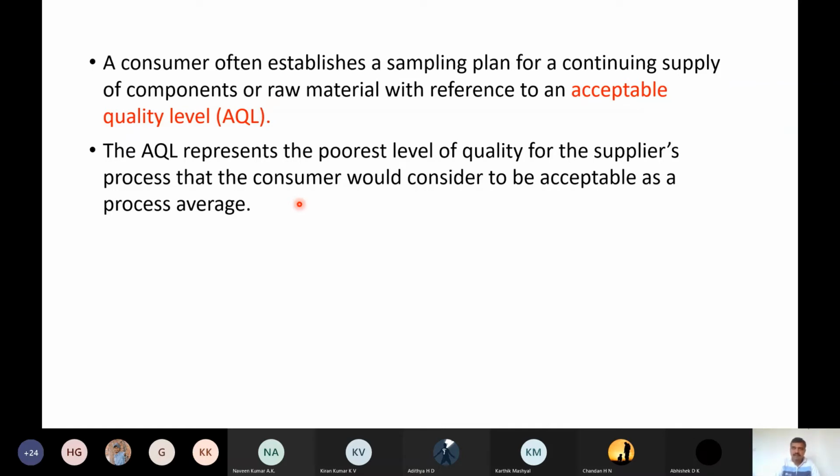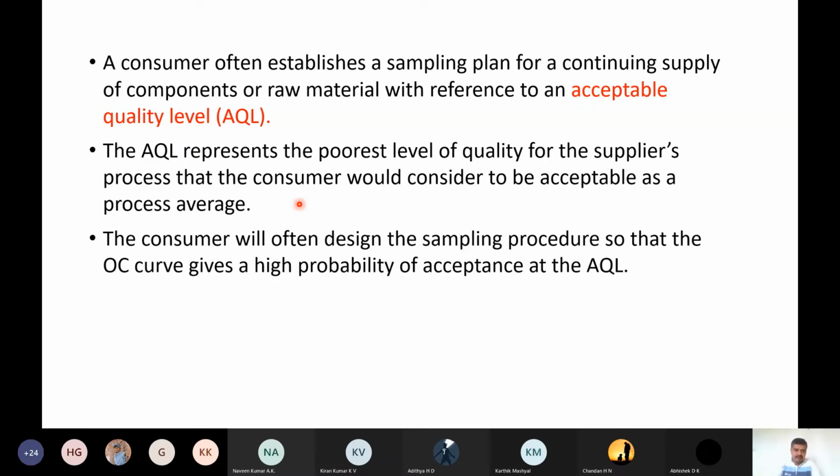That means if it is 5 out of 1000, then it might be 0.005 as the fraction lot defective. If it is within that, the company is ready to accept, otherwise it will reject it.